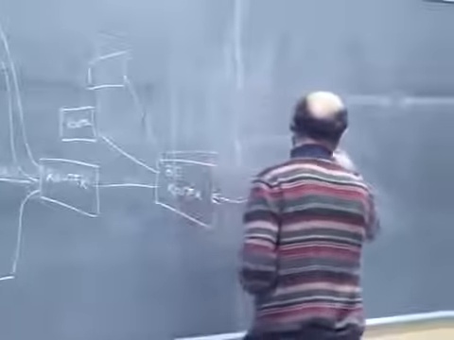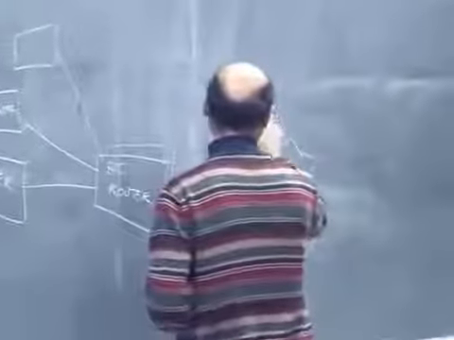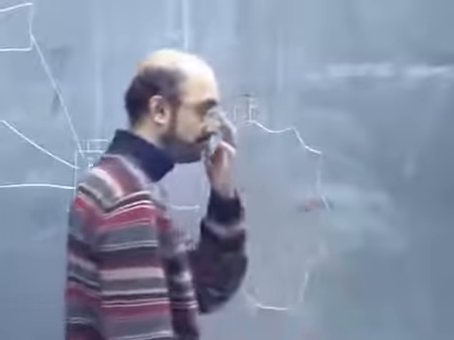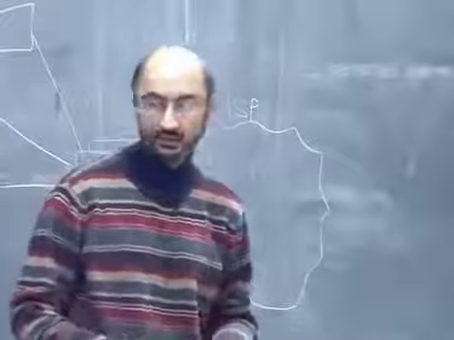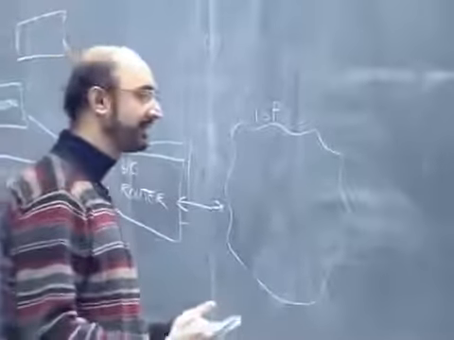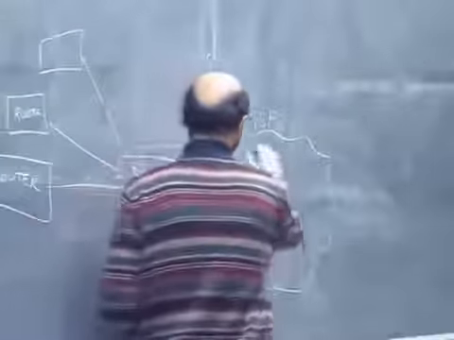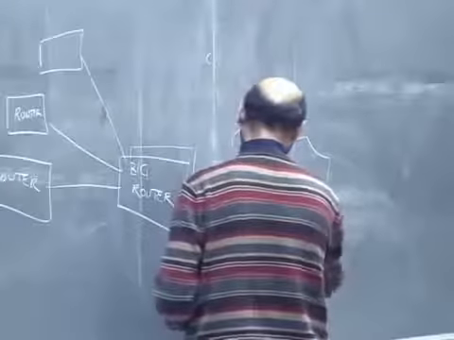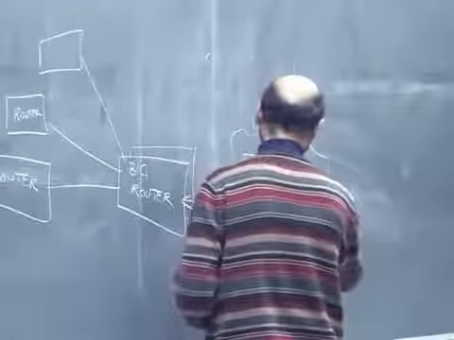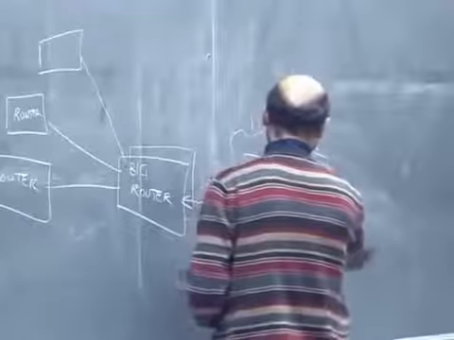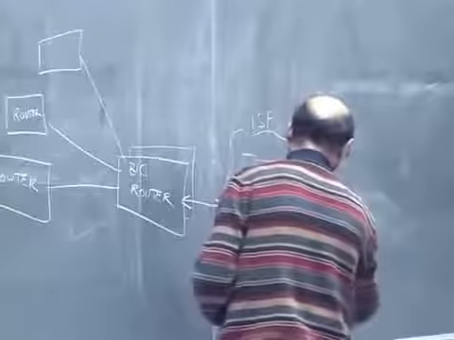We have this notion of what's called the ISP, Internet Service Provider, which is basically a connection of routers. They have routers connected in some kind of graph, and the graph is some arbitrary connection.